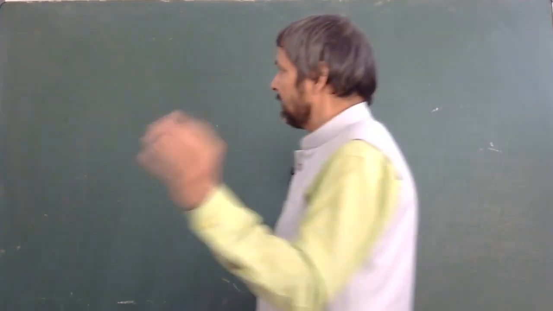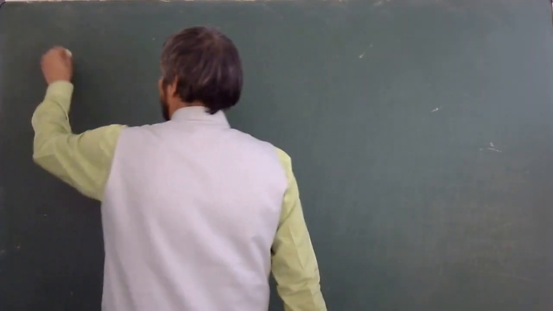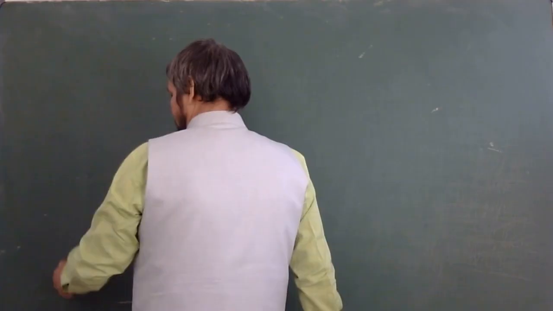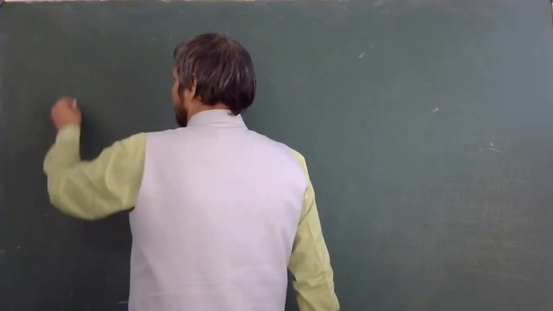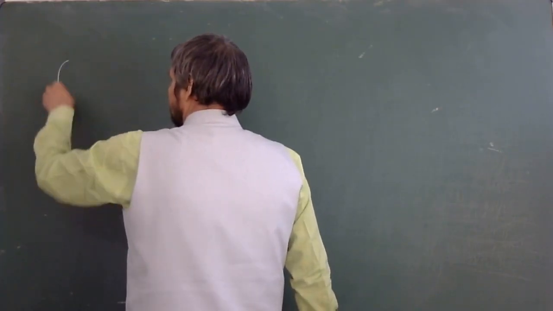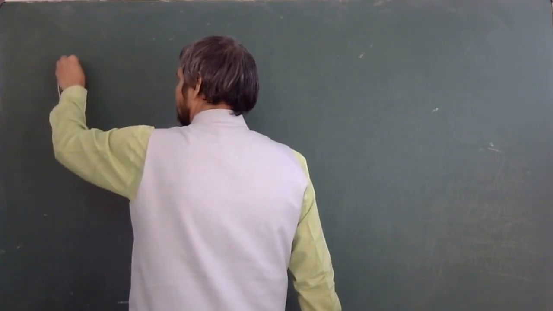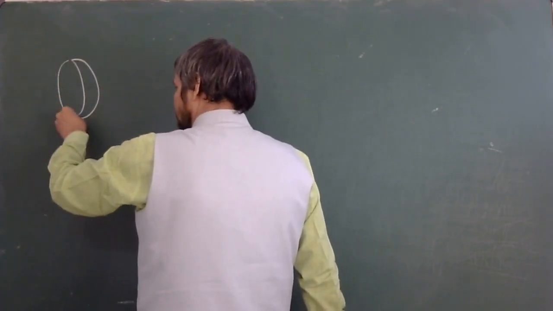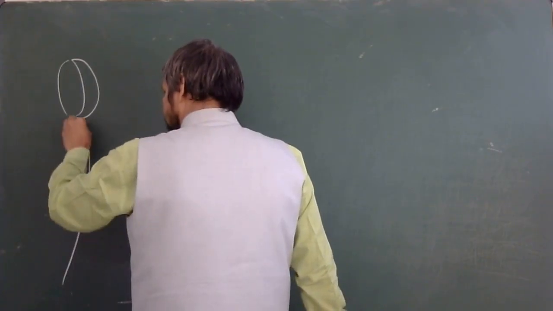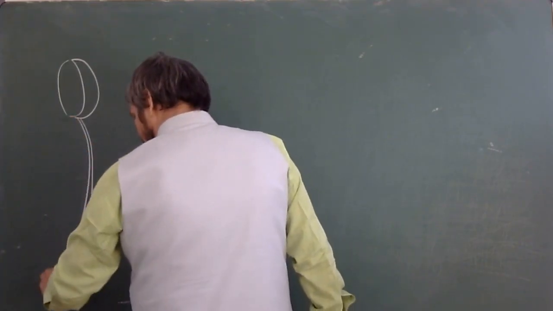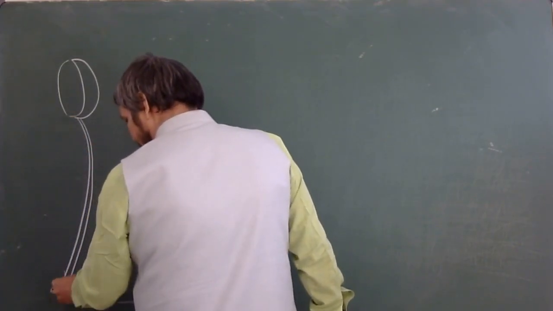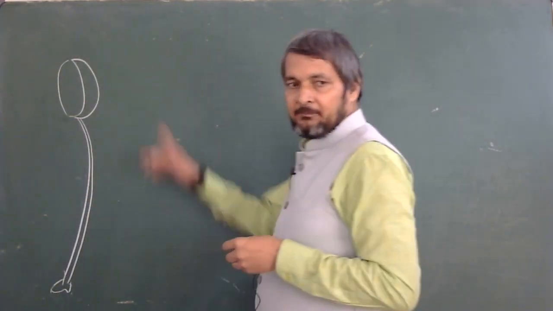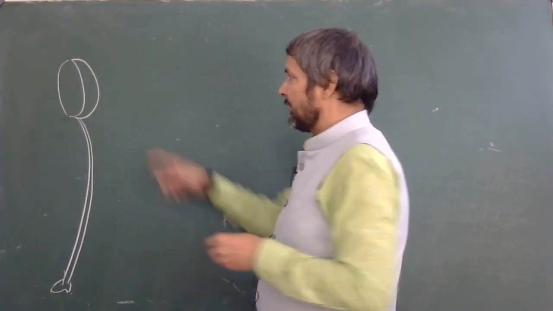What is an anther? First we look. The male reproductive structure is the stamen. You just make a diagram. The stamen is bilobed like this. You draw the structure like this. This is the stamen, the male reproductive structure.